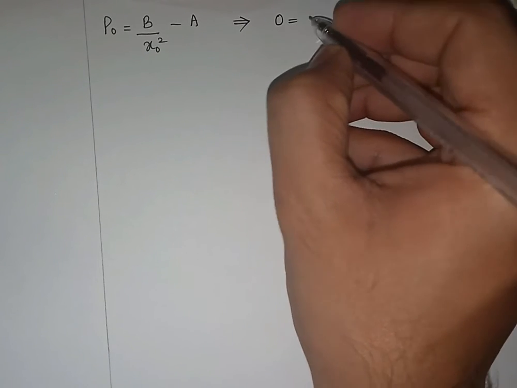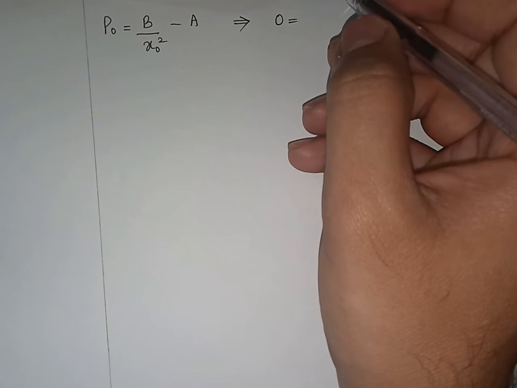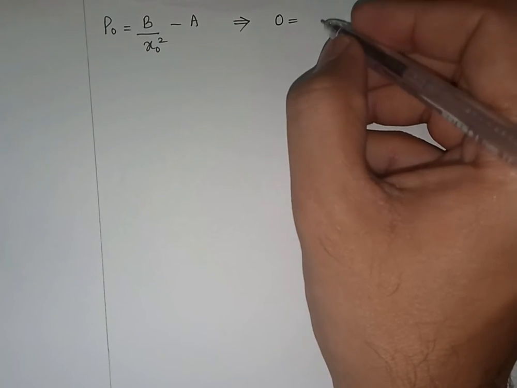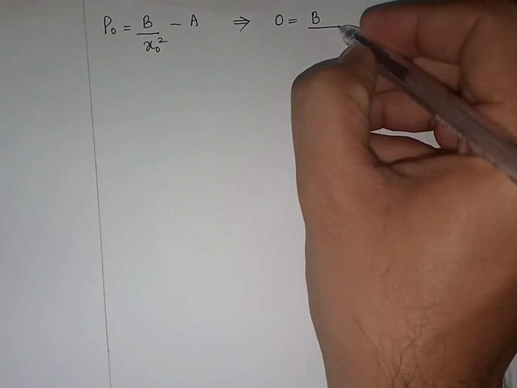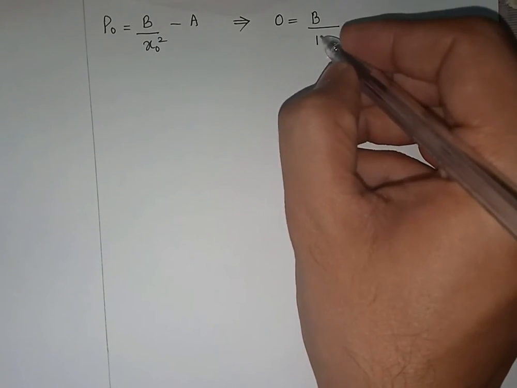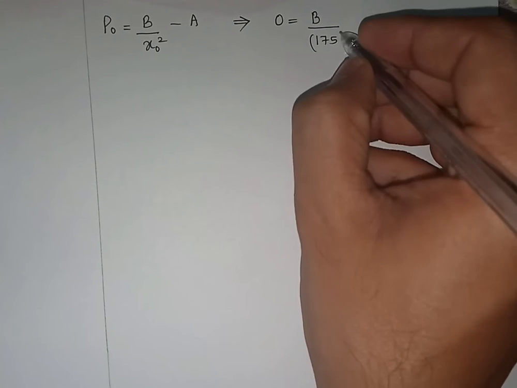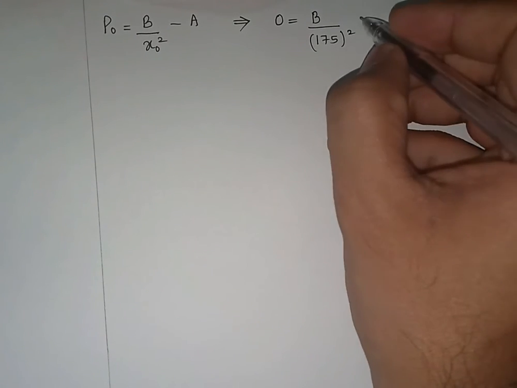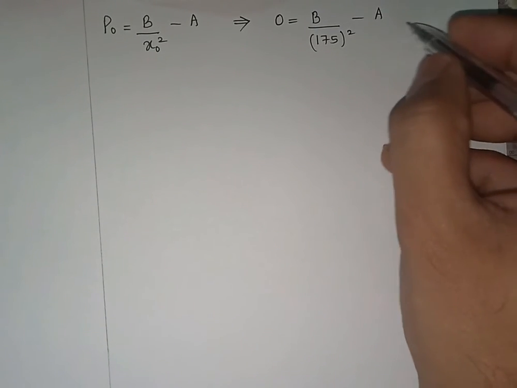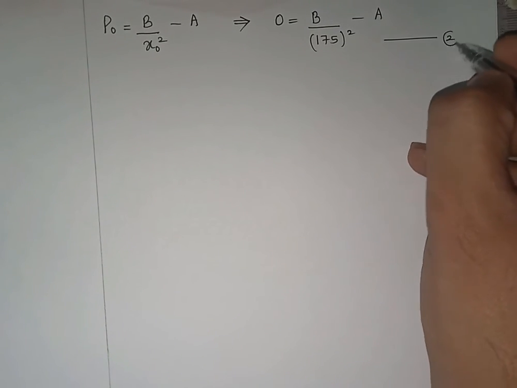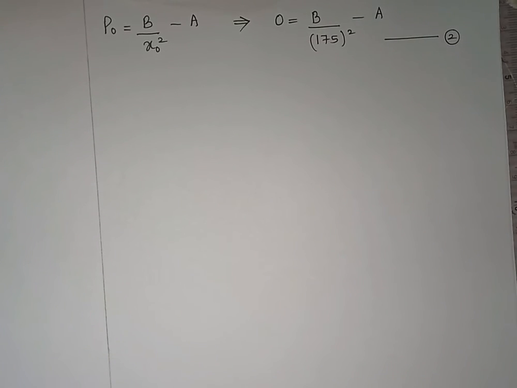This point is important. Whenever no value is given, you can take it as 0. So 0 is equal to B divided by X naught, which I have calculated as 175, square, minus A. This is your equation number 2.